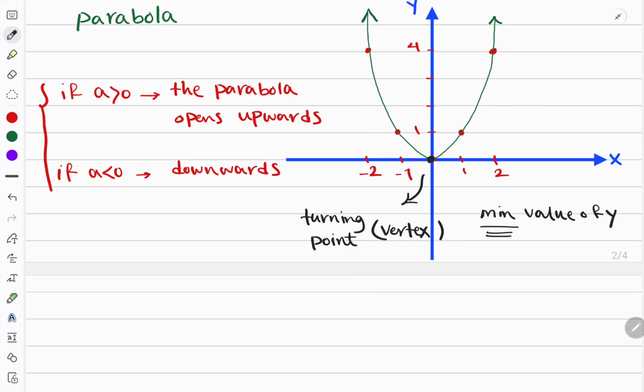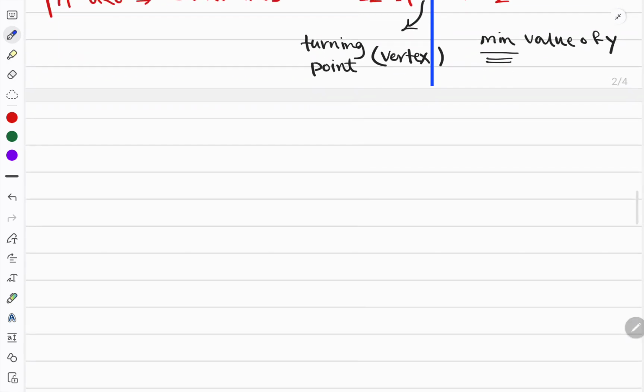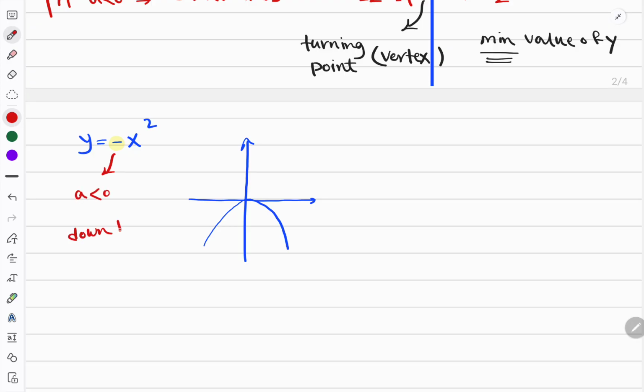But if we have another curve, for example, y equals -x squared, if you draw this parabola, it's something like this, because a is a negative number. Sorry. a is a negative number, so this parabola opens downwards.